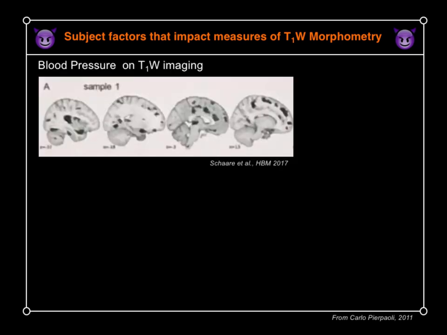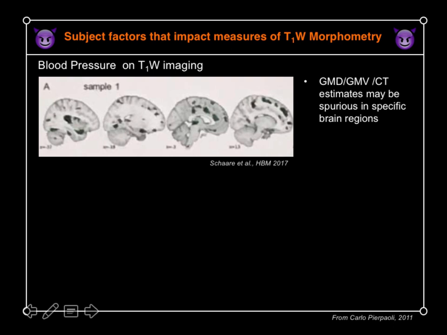The other subject-specific factors are, for instance, blood pressure. This is a recent paper that I saw where they compared T1 weighted images. They did voxel-based morphometry on different groups of people with different levels of hypertension, and they showed that people with hypertension tend to show a reduction in gray matter volume in these regions.